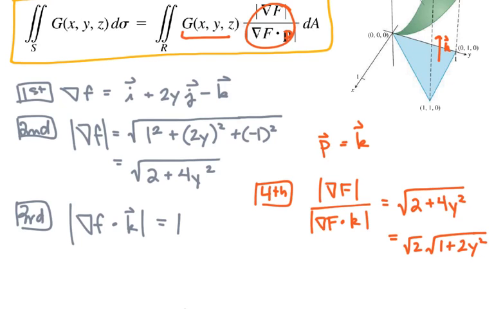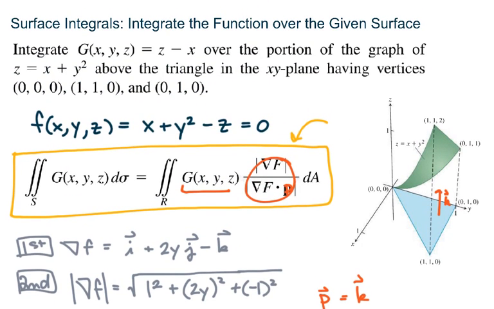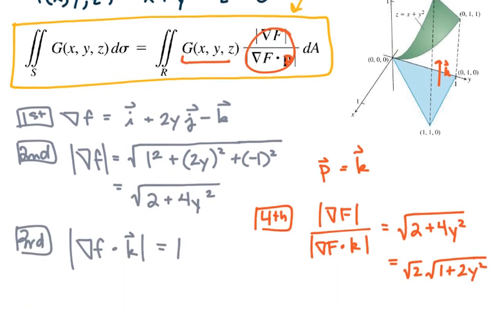So now, in order to integrate and have this be a double integral in terms of x and y, I need to make sure that my g function is only in terms of x and y. G was given to be z minus x, but we know how to define z in terms of x and y, so I can plug that in right here.